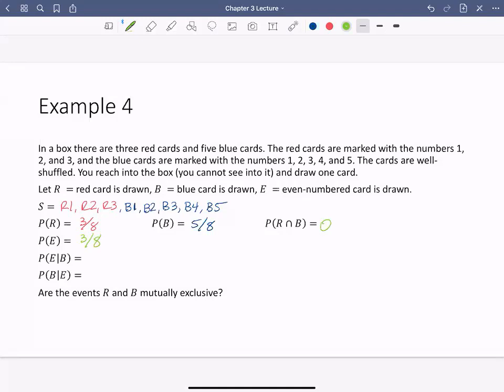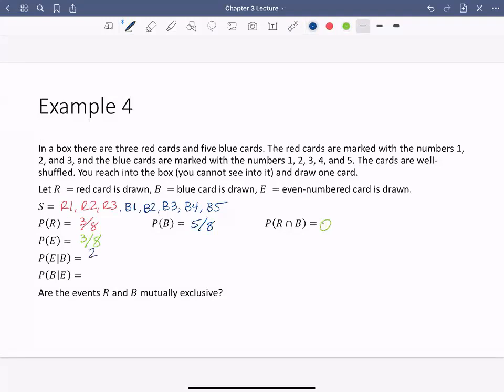Now the probability of E given B. Again, how do we do that? So here's what it says. It says, what's the probability of me drawing an even number given that they're blue? Well, I can do it the long and dirty way, but how many even numbers that are blue? 1, 2. So I have 2.